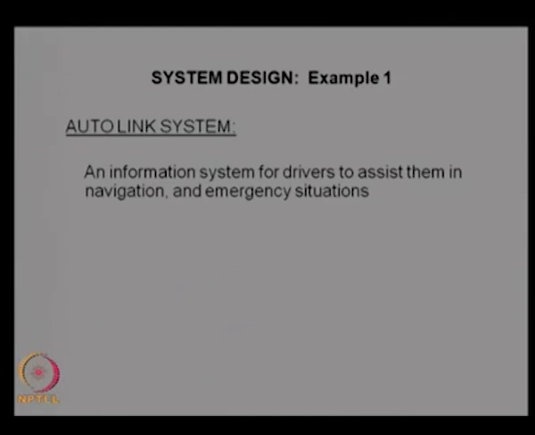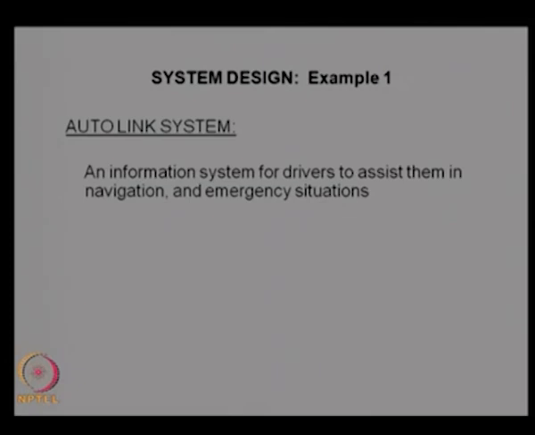So, if somebody is driving on a highway, traveling a long distance, and they want to get some information about the navigation aspects, their location, and to find out the route to another location, or there is an emergency situation in the car, there is an accident or there is a theft or there are some other issues, then how do we contact a center and get help from the system. That kind of information system is the Autolink system.